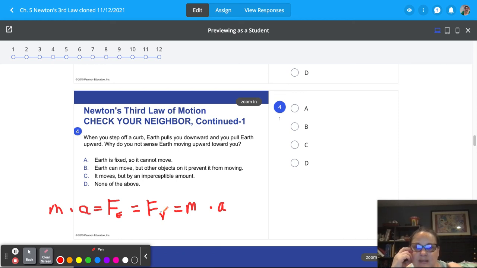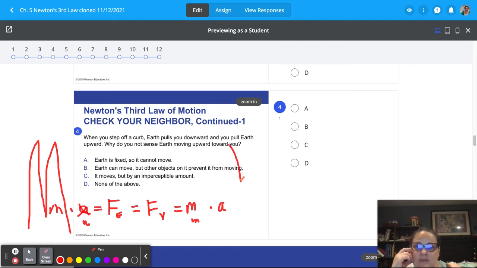Now, the mass of you is very tiny compared to the mass of Earth, which is very large. And so as a result, if we have mass times acceleration equals force and mass times acceleration equals force, then for m times a to equal F, a for the Earth has to be very, very tiny and not the same as you.